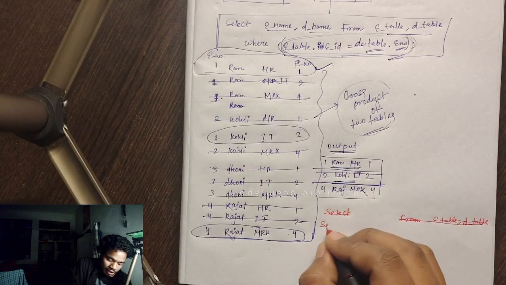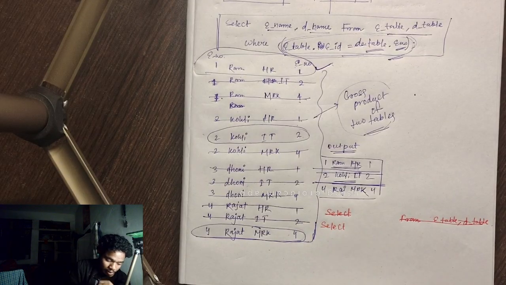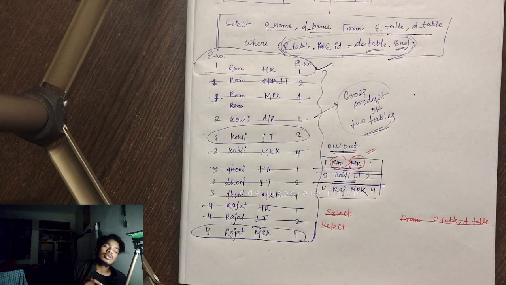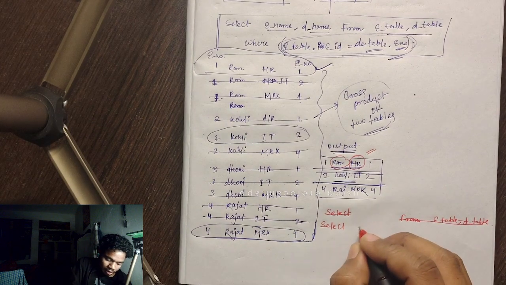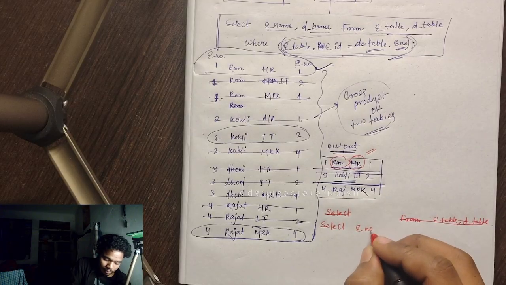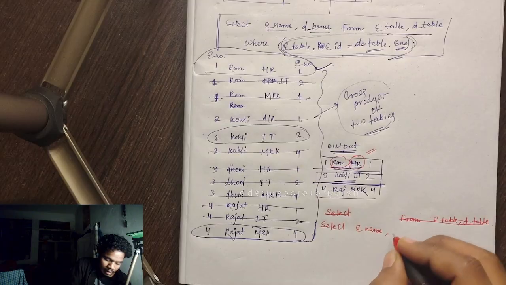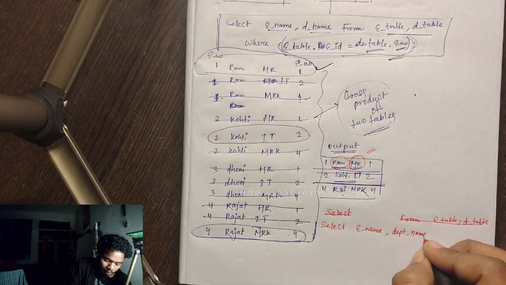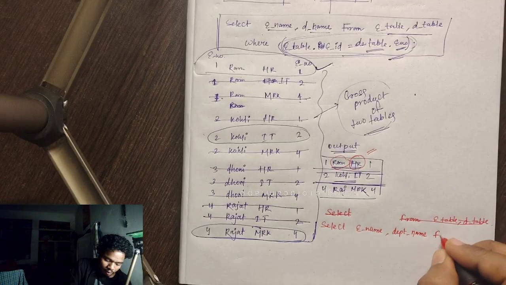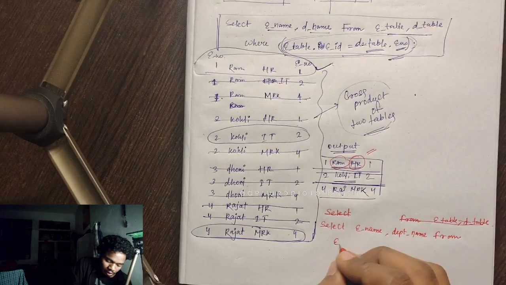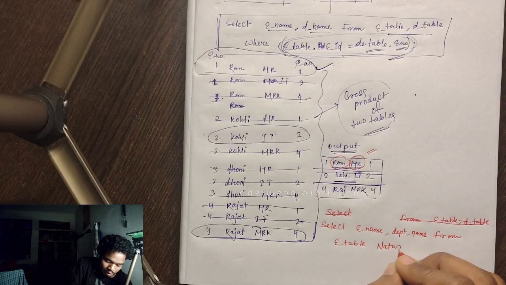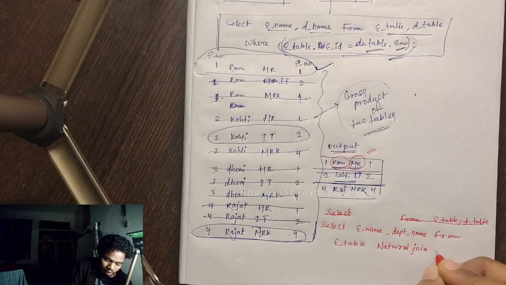We will write select, and what we want is the employee name and where the employee is working, so the employee name and department name from e table natural join with d table.